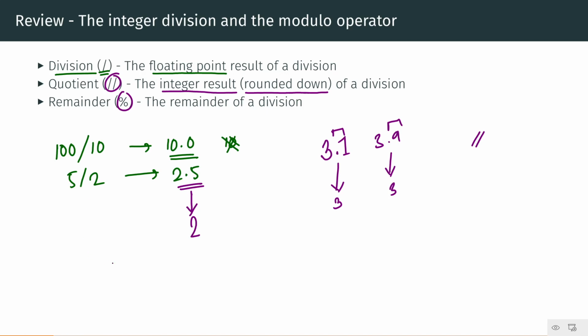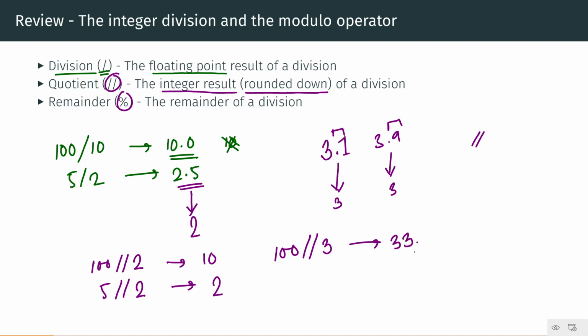So for example, if you said 100 integer division 2, you'll get 10, not 10.0, just 10, right? If you said 5 integer division 2, you'll get 2, right? If you do 100 integer divided by 3, let's say, you'll get 33, right?